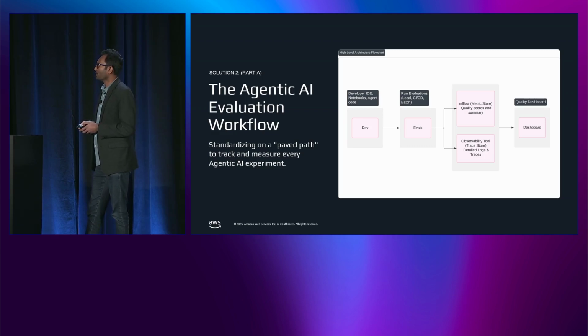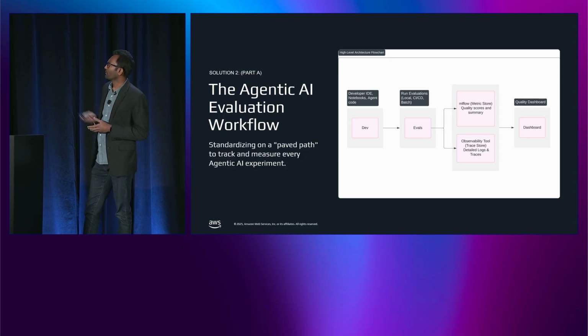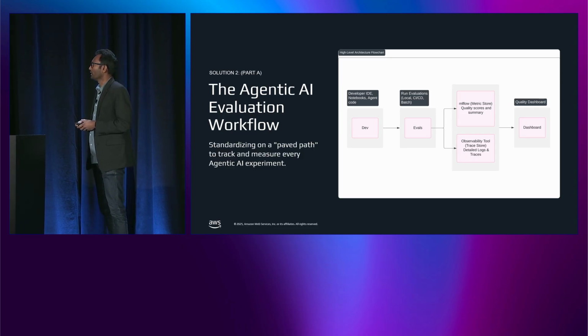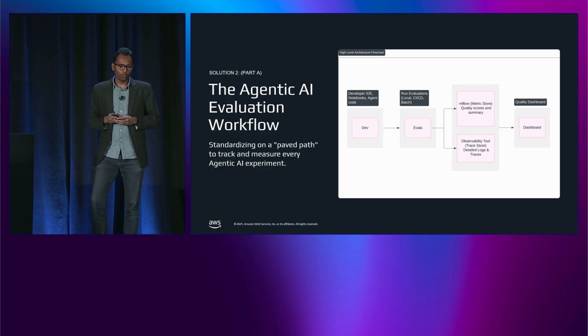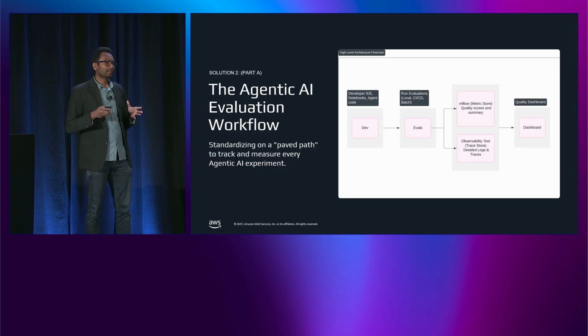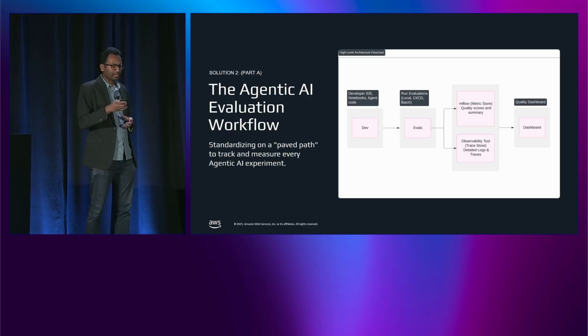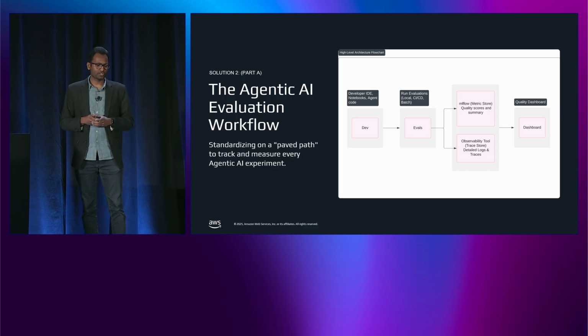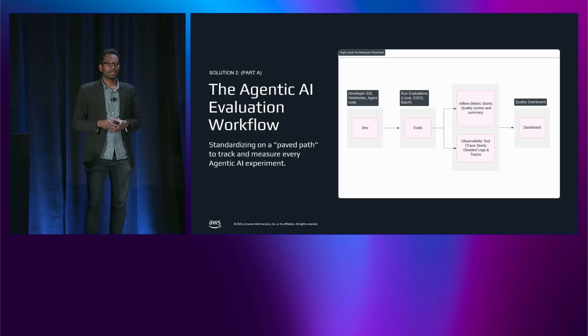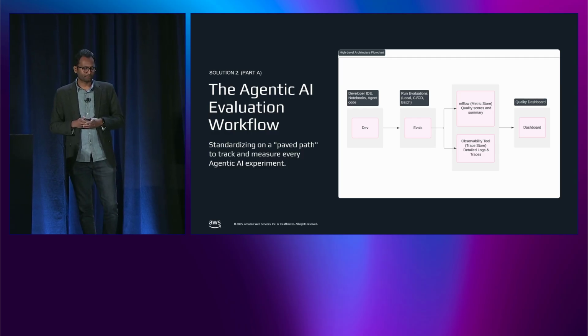Once they run the evaluation, the result is stored in a central store, which has 2 main components. One is an observability tool, which stores the detailed logs and traces of the interaction in the evaluation. And the second component is MLflow, which is the metric store, which stores the summary and scores of how the agent performed in the evaluation.